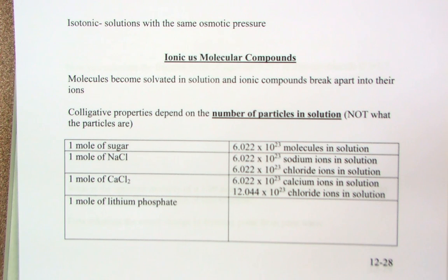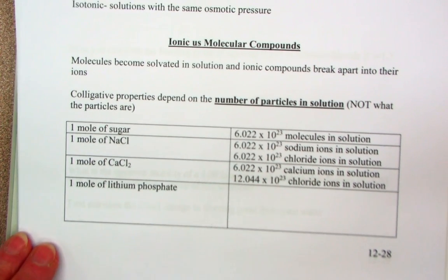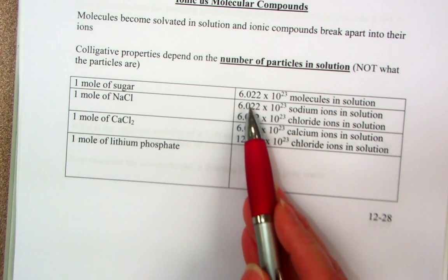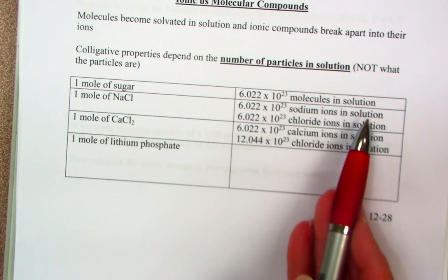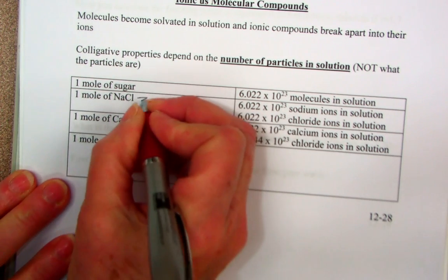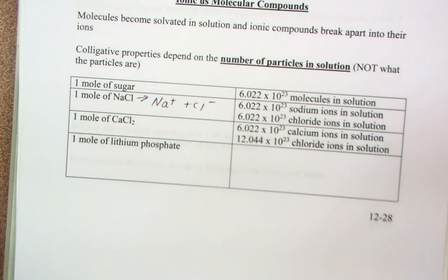So when you have something like sugar, which is a molecular compound, you put 1 mole of sugar in your solution, you get Avogadro's number of particles, that number of molecules. But when you put sodium chloride in there, an ionic compound, it breaks apart and it gives you sodium ions and chloride ions.